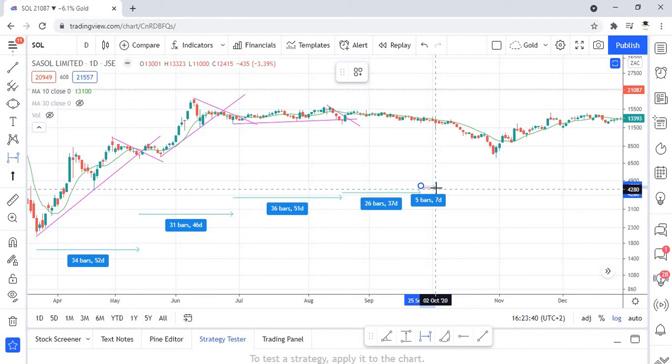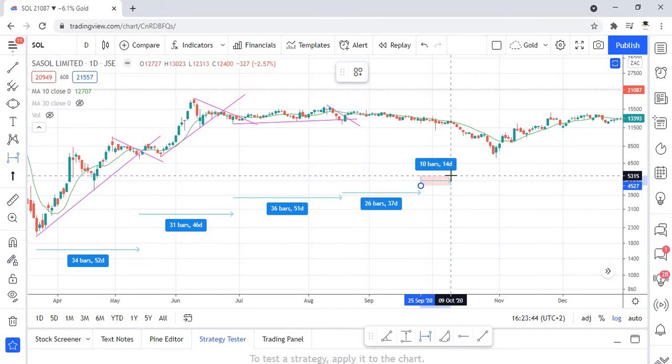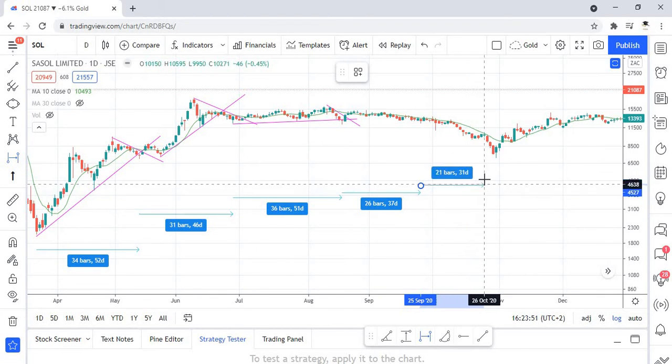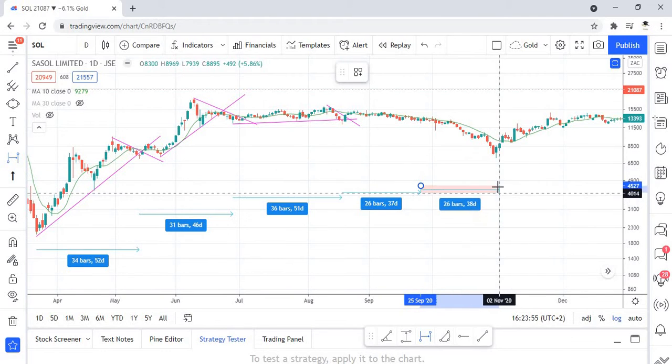Then from there we can continue the count. So we can say this was a backtest on day 7. Then it tried to move up, but it could not. So this would be a half cycle high, then a half cycle low. Then it tried to move to a daily cycle high, but failed and it came down.